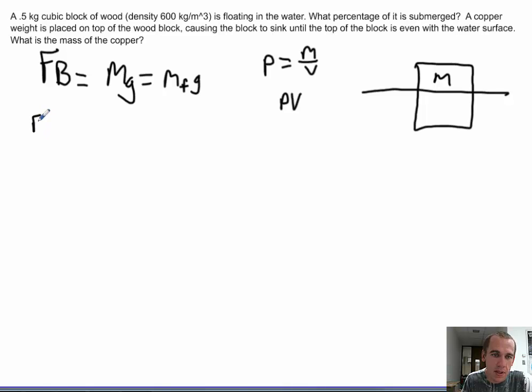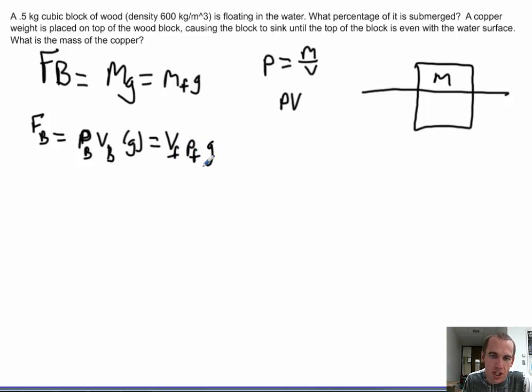So F_B, the buoyant force, is equal to the density of the block times the volume of the block times g, and this is equal to the weight of the displaced fluid.